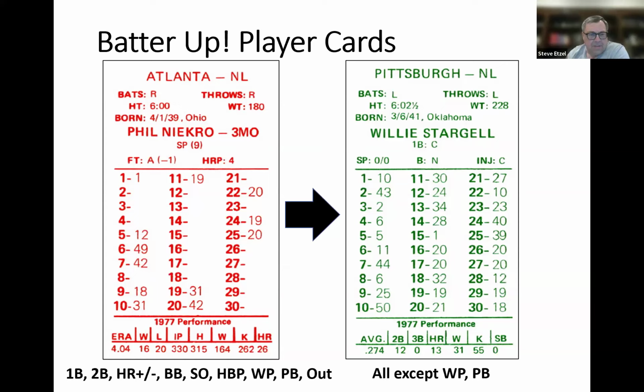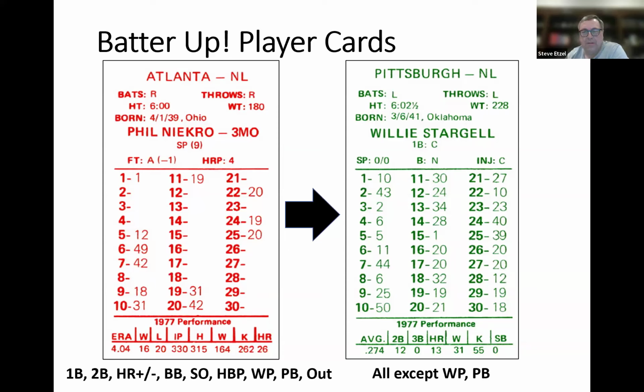There's a wide variety of results that can occur on the pitcher card, and I've listed them at the bottom here if you can see that, but almost every result possible you can get on the pitcher card, except for maybe triples. On the batter card, you get all the possible results, including triples, but not wild pitches or passed balls.